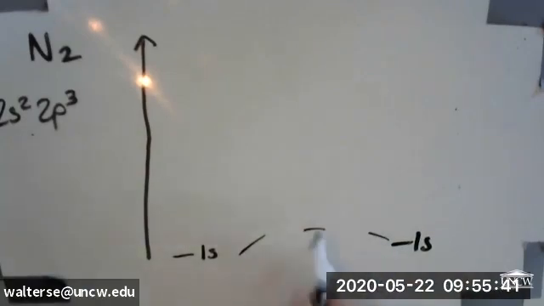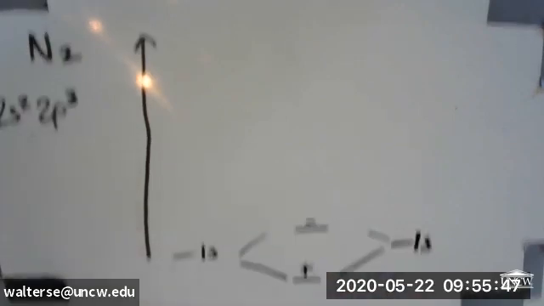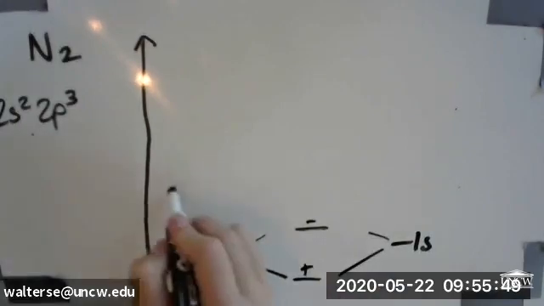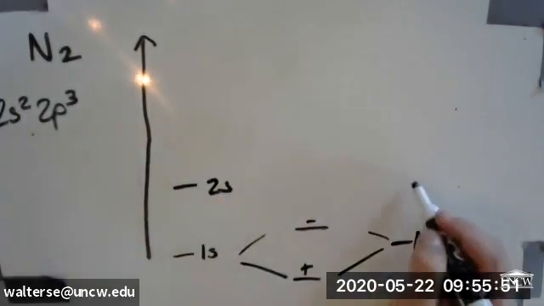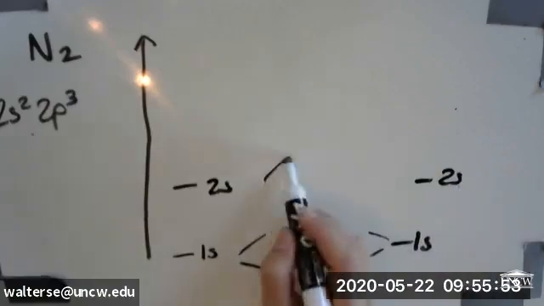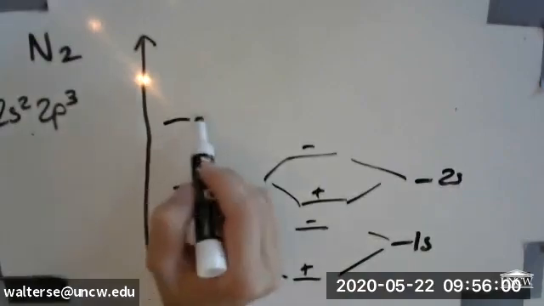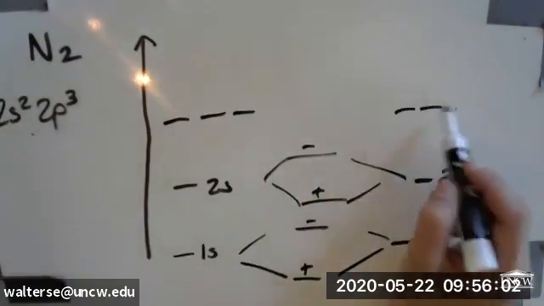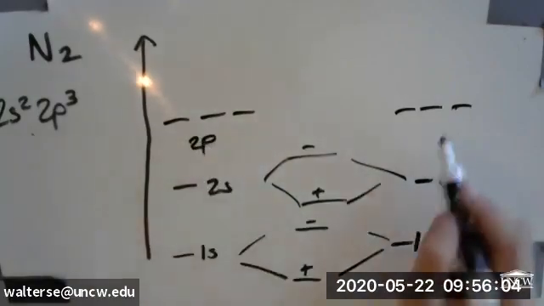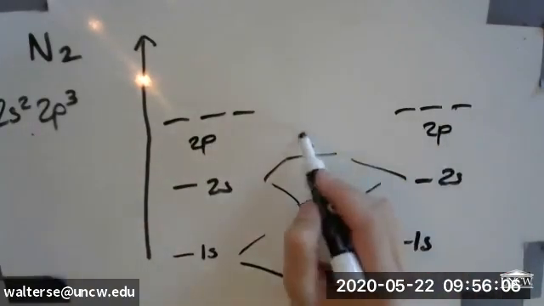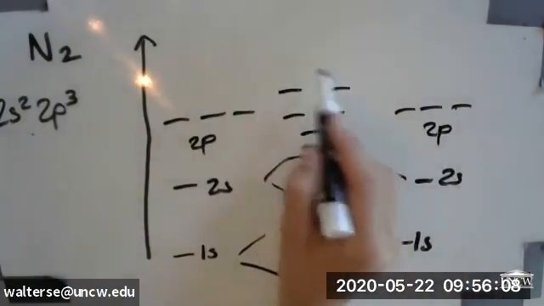They'd add and they'd subtract. Then you would have the 2s. They'd add and they'd subtract. And then you would have the 2p, and they add and they subtract.